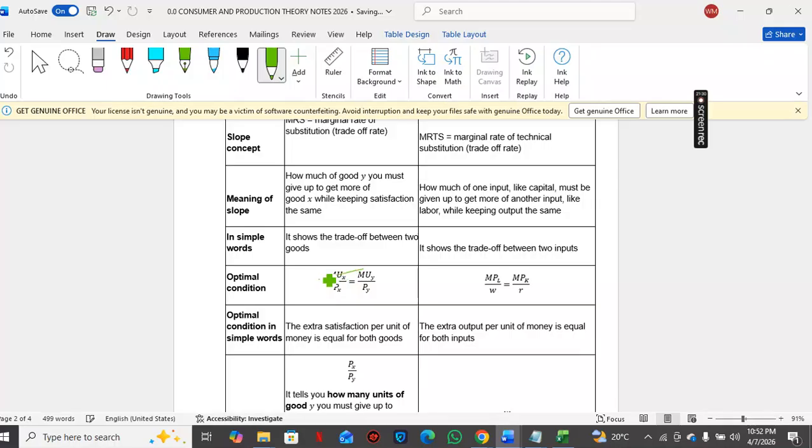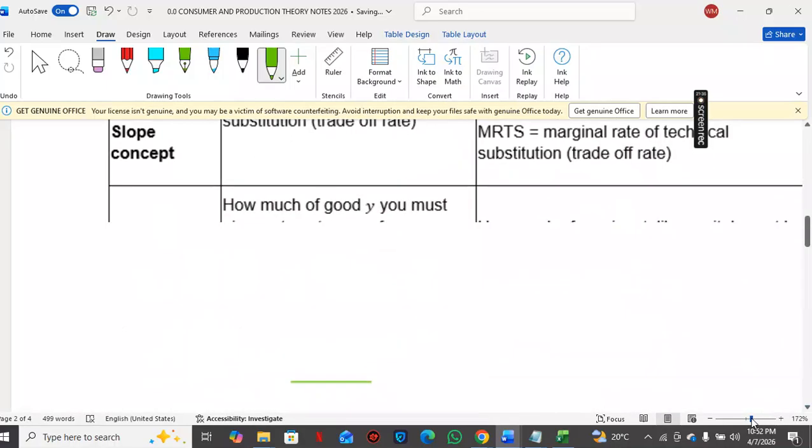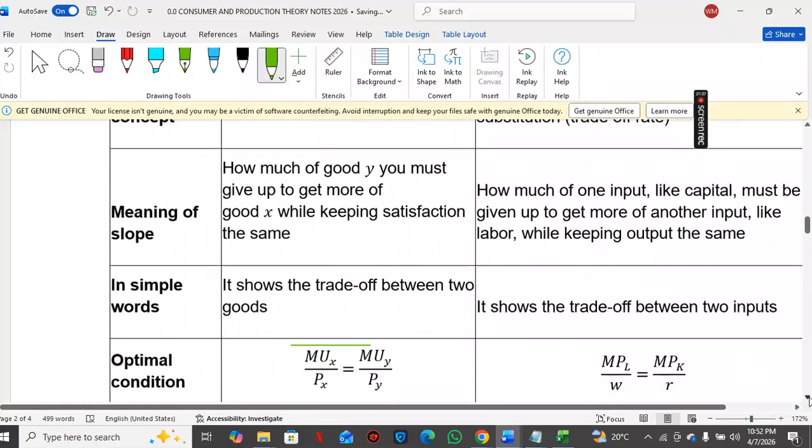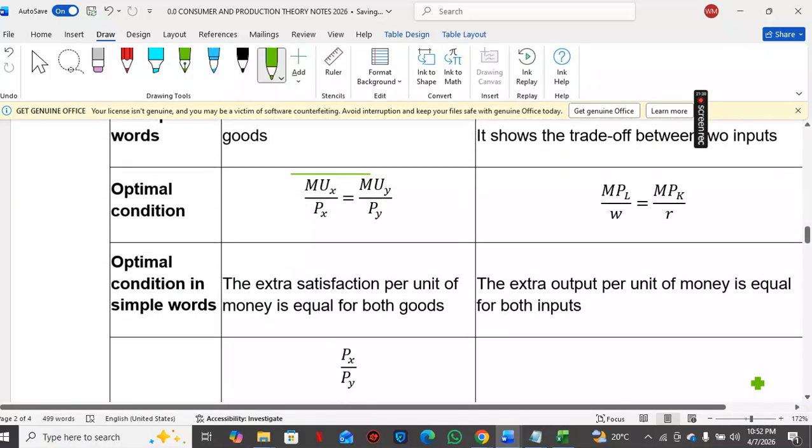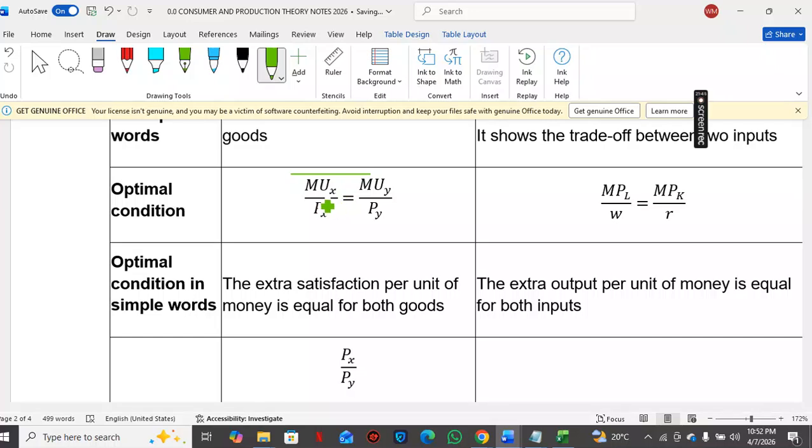This point is called the optimal point of utility maximization. Remember this point here. The marginal utility of good X over the price of good X equals the marginal utility of Y over the price of good Y. This is the point where you maximize utility.